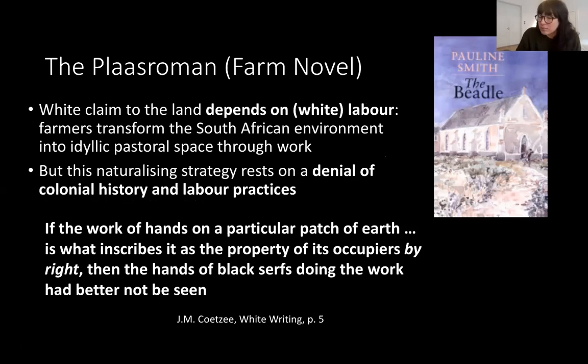Coetzee's more complicated point is that a white claim to the land in the white pastoral, in the Plaasroman, depends on labor. So why is it that the white rural order can show that they have a right to the land?